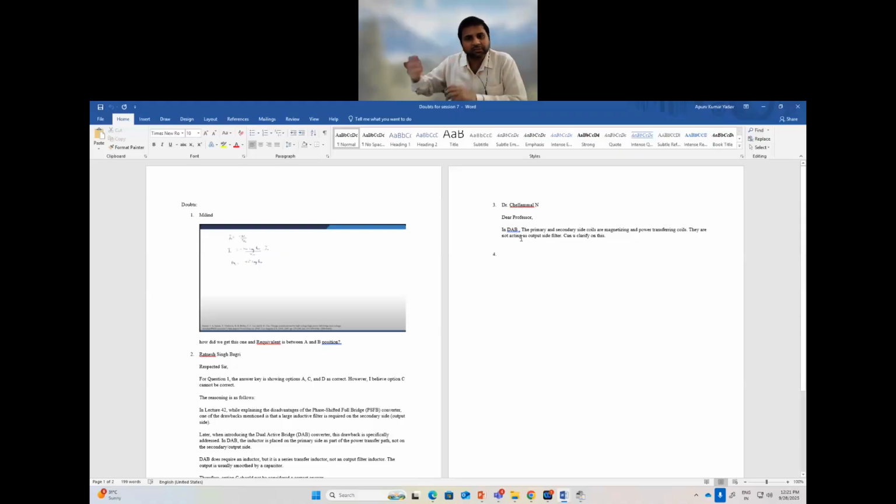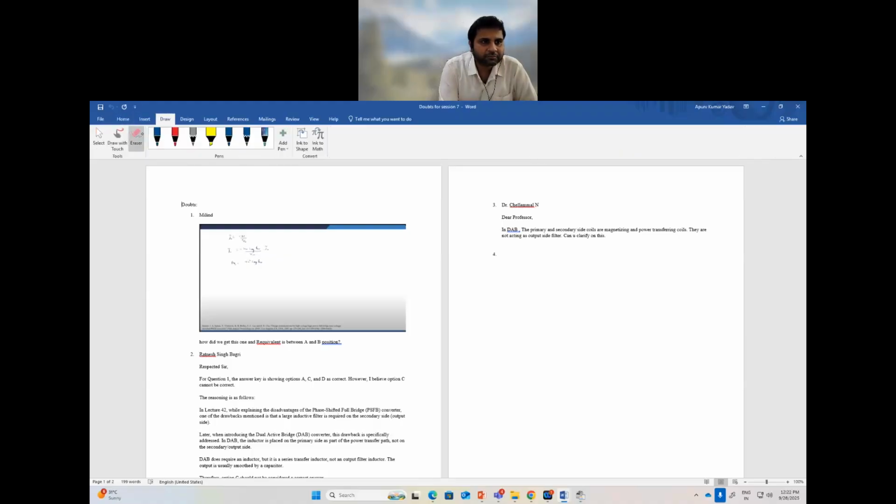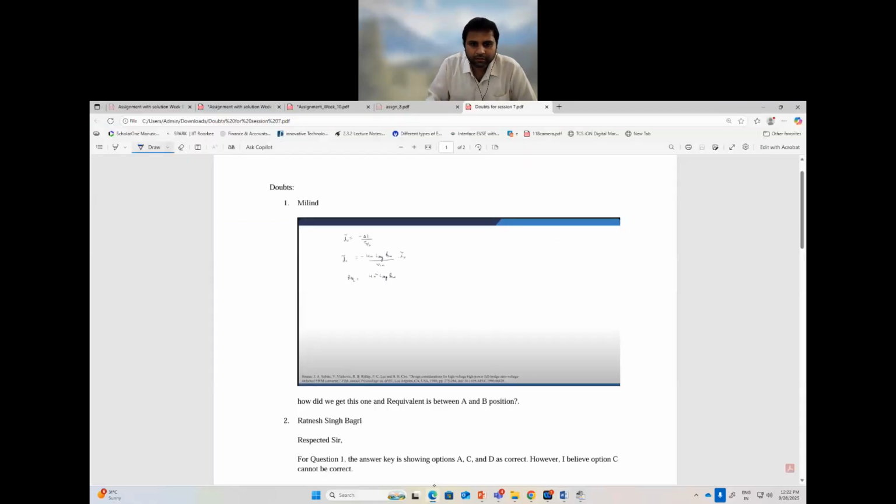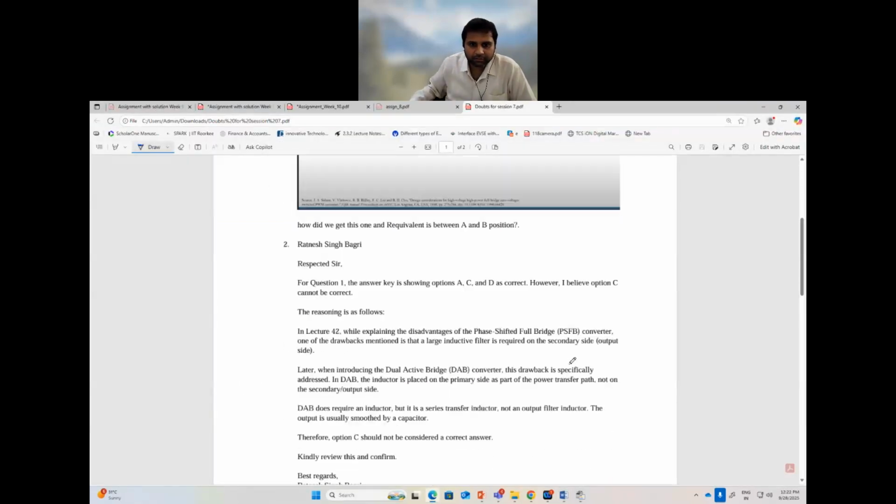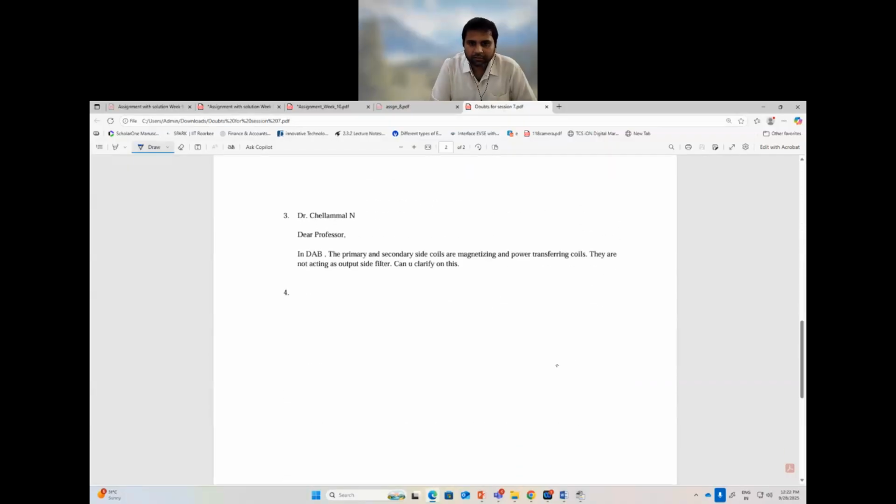They are not acting as the output side filter. Definitely, they are not acting as the output side filter. They are acting as the power transfer inductor. The transformer will have something like this: this is my magnetizing part, this is my leakage.